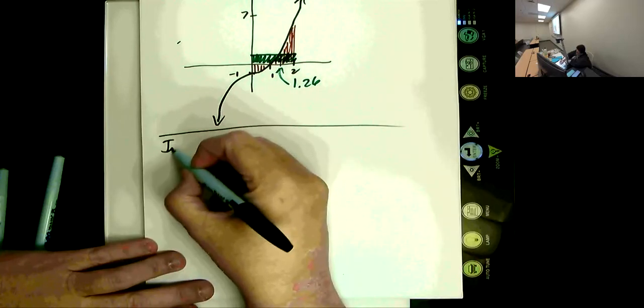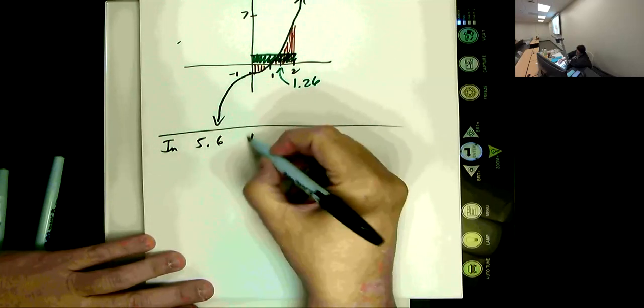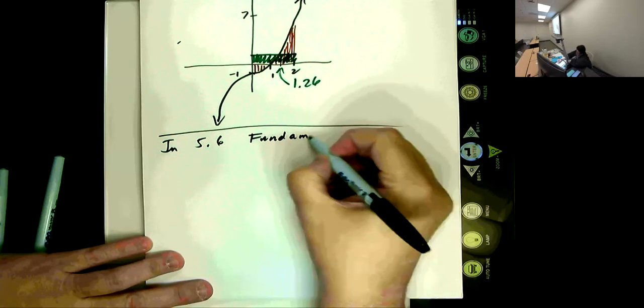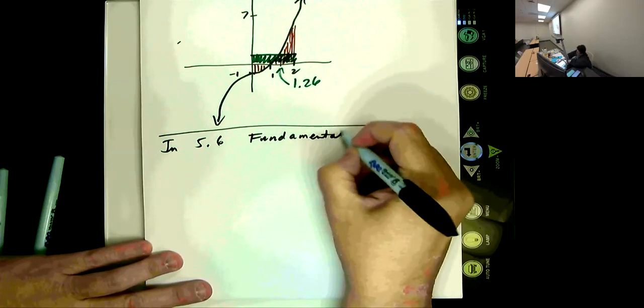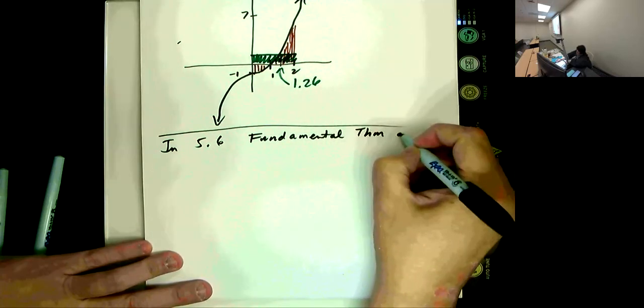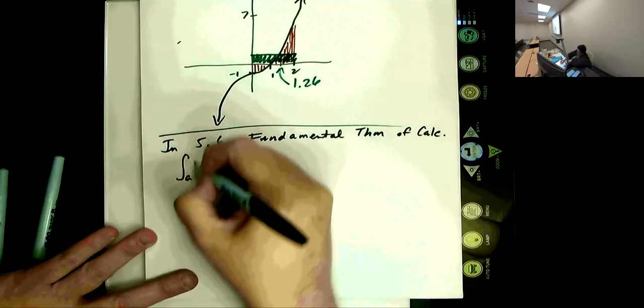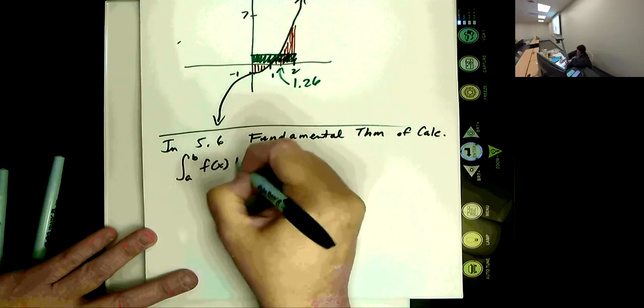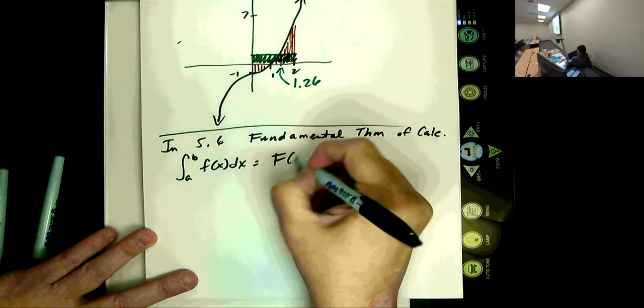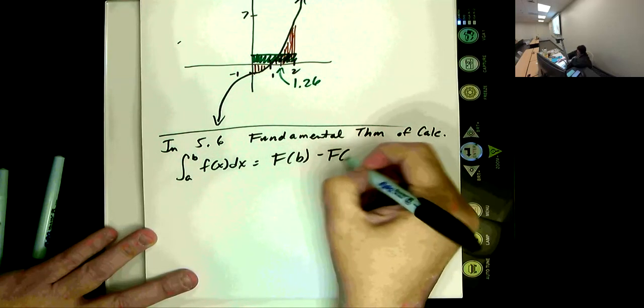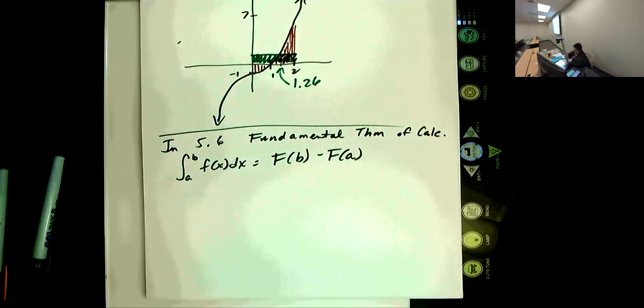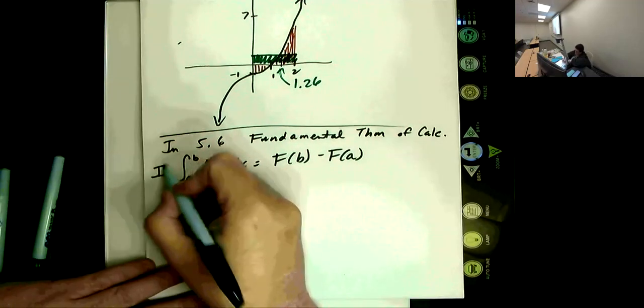In 5.6, we had the fundamental theorem of calculus. We had 2 parts. The first part was the integral from a to b of f of x dx equals f of b minus f of a. That was part 1.